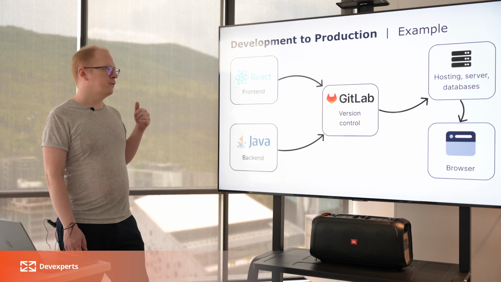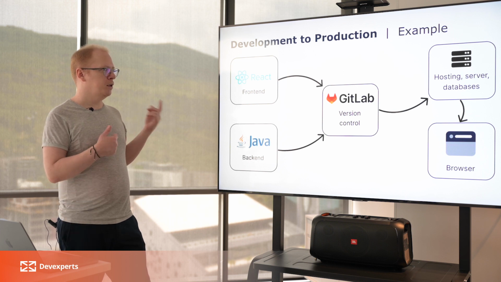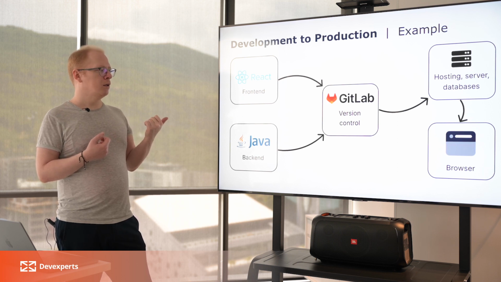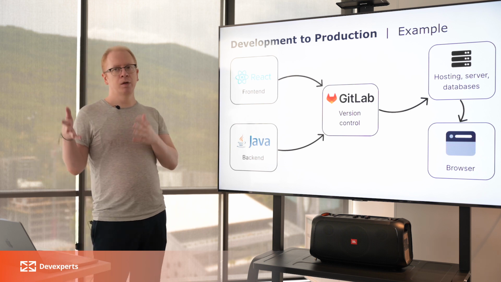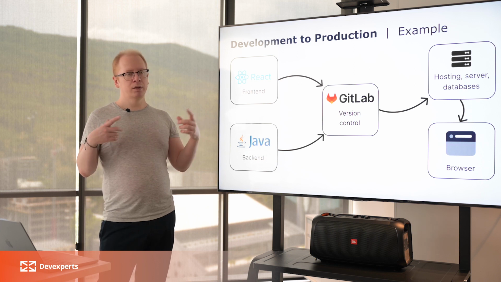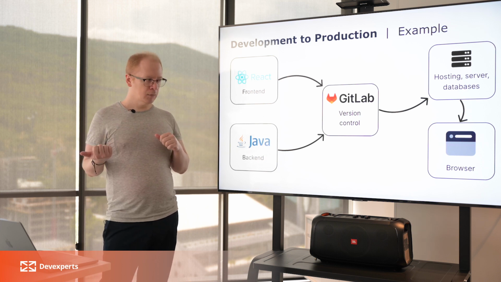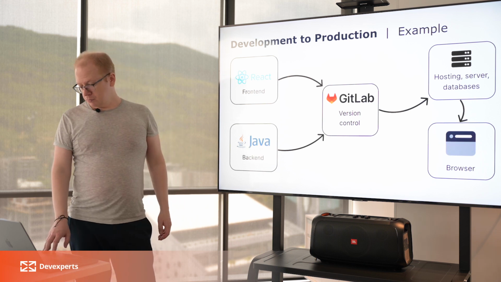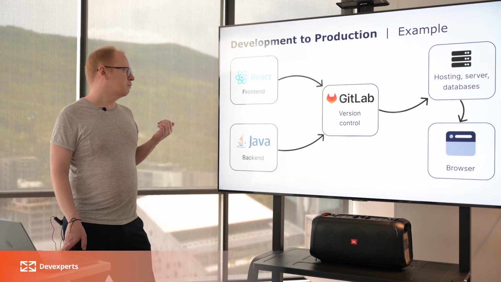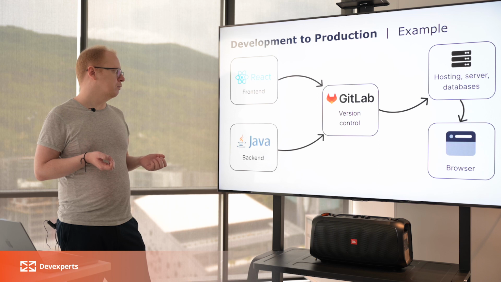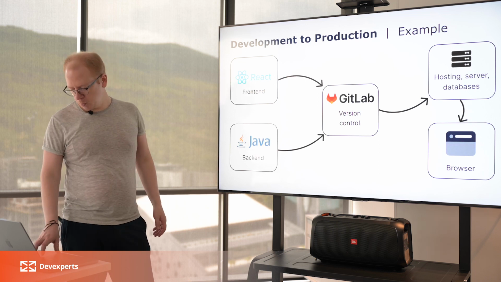The results of both teams go into version control, which here is GitLab. And GitLab then publishes it to some hosting, to some cloud service, maybe to a server, from where all this information is being served to all the users of all the clients. This is typically how the development flow goes in our day-to-day work.